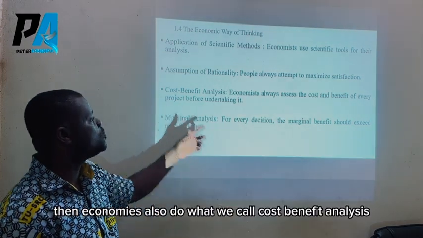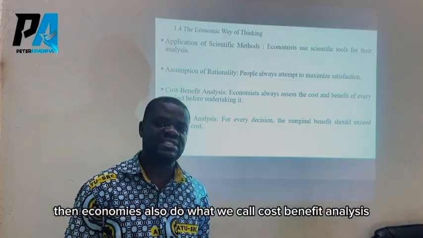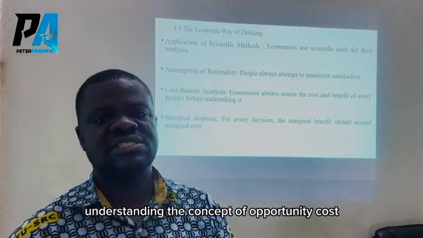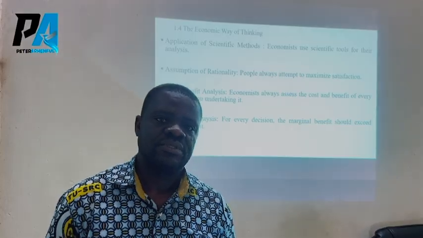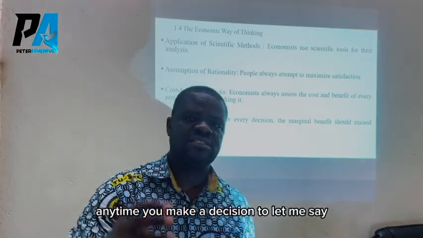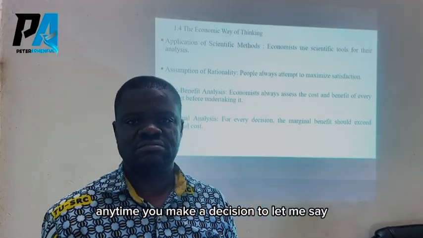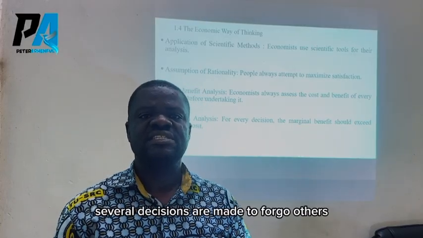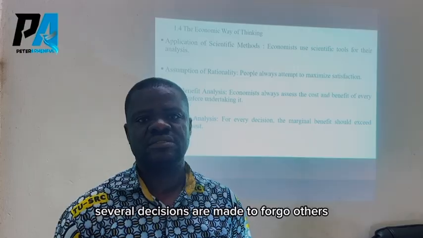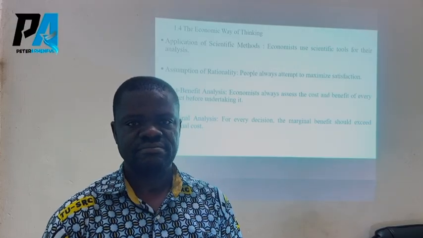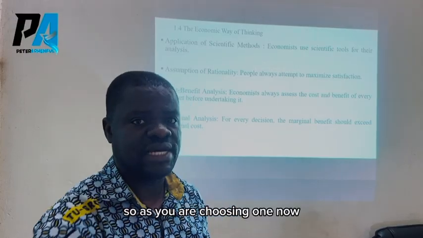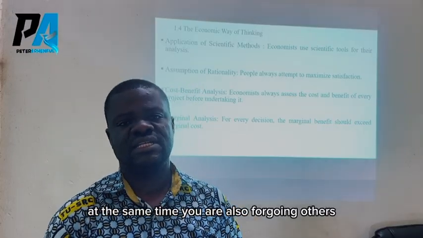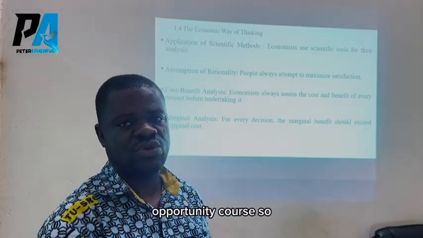And then economists also do what we call cost-benefit analysis. You realize that when it comes to the concept of opportunity cost, anytime you make a decision to do a particular thing, several decisions are made to forgo others. So as you are choosing one, at the same time, you are also foregoing others. Opportunity cost.